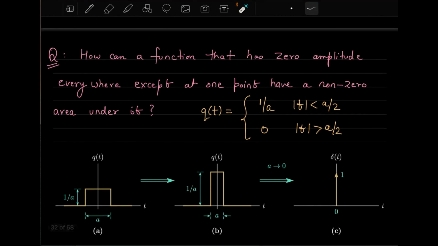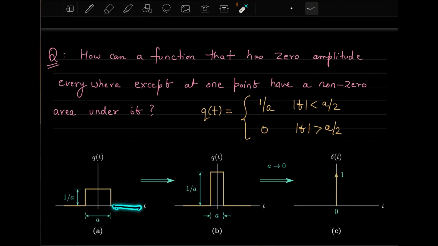Let us define this q(t). q(t) is a pulse function. Let us define it in a way that for mod t less than a by 2, that is in the range of minus a by 2 to plus a by 2, you have a value of 1 by a. So the amplitude of this pulse is 1 by a, and for the rest of the points its value is 0.